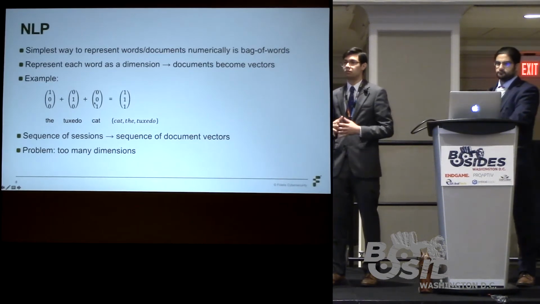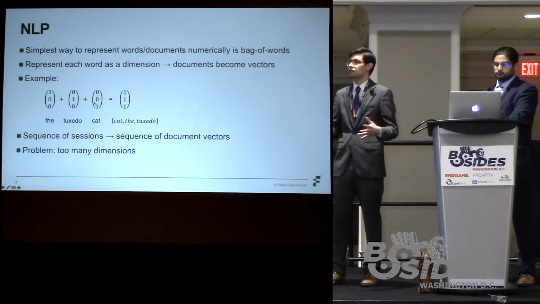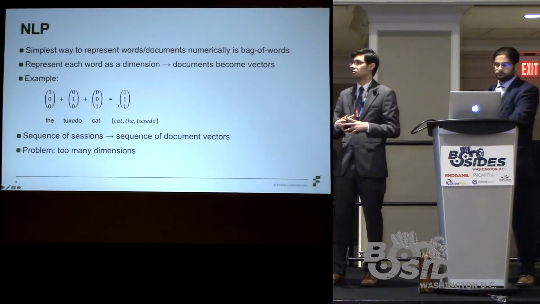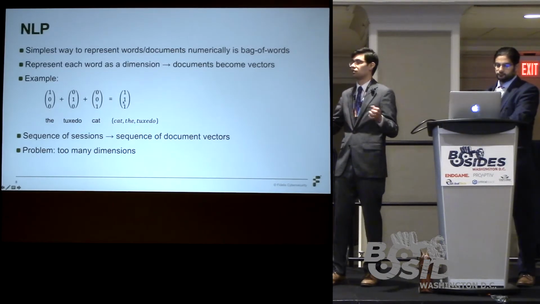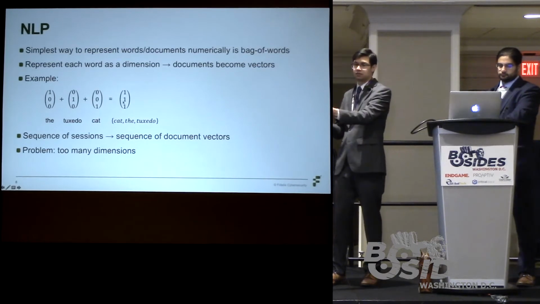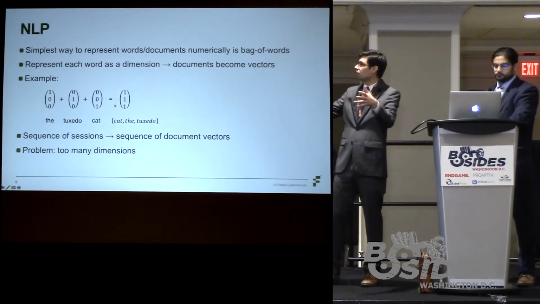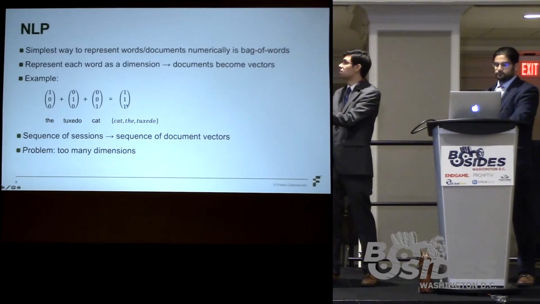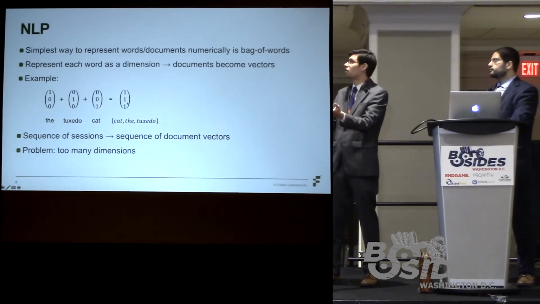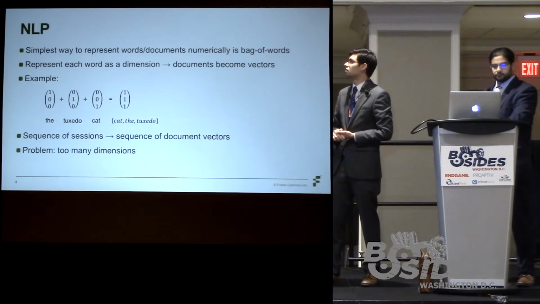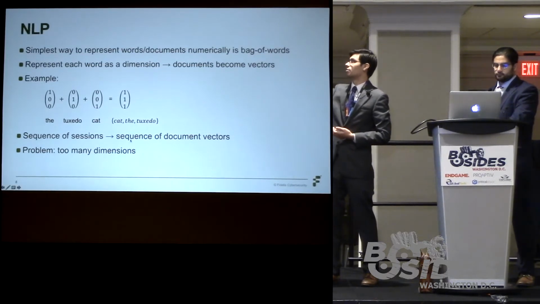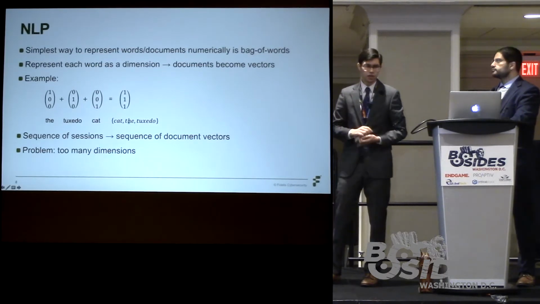And now that we have this phrase, we want to represent this document as a vector. So each of these words has a vector associated with it, each of the words in the vocabulary. So we can aggregate them together simply by taking the sum and get what's called a document vector. So this is a document vector representing this document, the tuxedo cat.